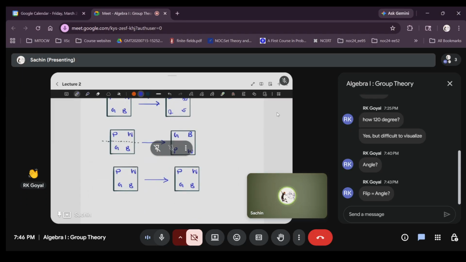Now the thing to note is that when you do these operations, you get back the square shape again. It doesn't change, and the square is still in the plane in which you started. You have to go back to the original plane where you were. It's still a square, except that the position of the vertices is changing.